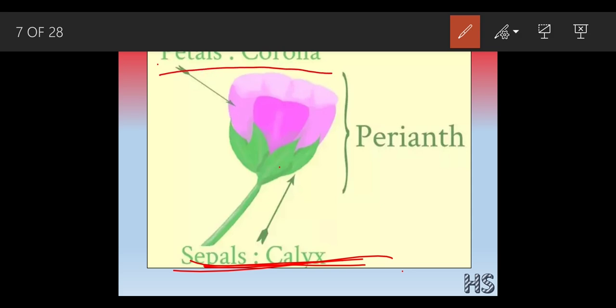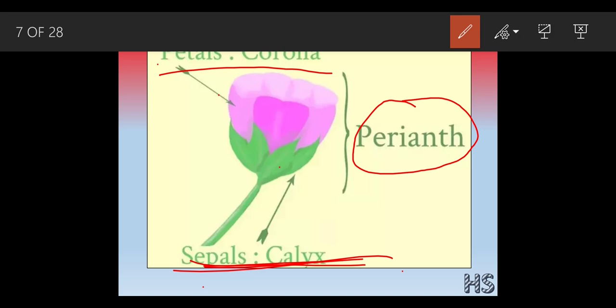These sepals and petals which are attached together, this condition is called the perianth condition. What do you mean by perianth? Perianth means the condition in which the sepals and the petals are attached together. In some of the flowers, the sepals and petals are attached together. So that is why they are called the perianth.